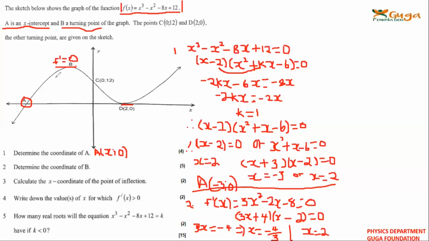So the b here is on the negative. It means that we take this value here. I'll try to write it this side. We substitute this on the original equation.